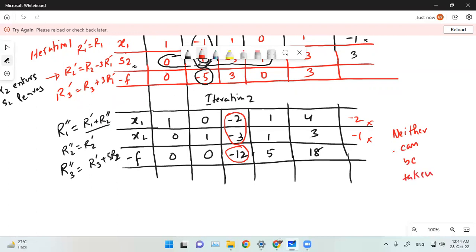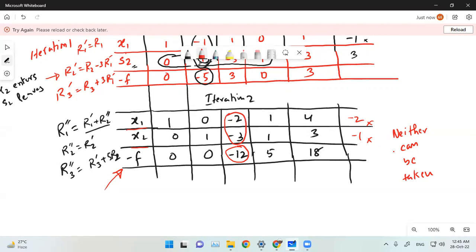So when this situation occurs, this is a condition for an unbounded solution. So if we cannot take any one of them, what does it mean? That even though we didn't approach the stopping condition, we can keep replacing those values, but the values of x1 and x2 with further change will go to more and more negative values.